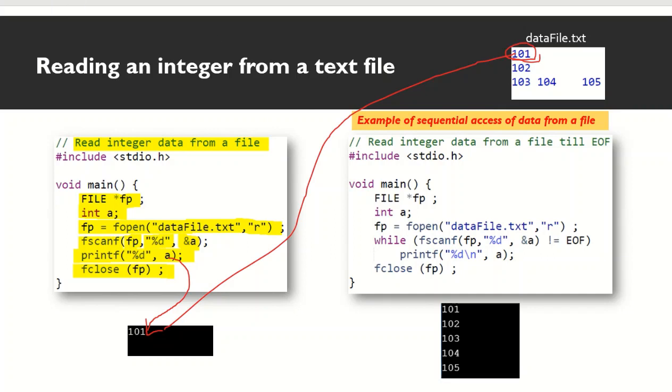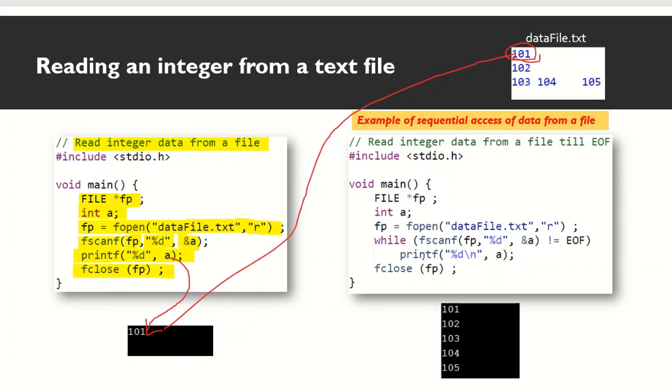When we read the integers, it will not read the spaces, tabs, or new lines in between. These white spaces actually separate the different integer data.